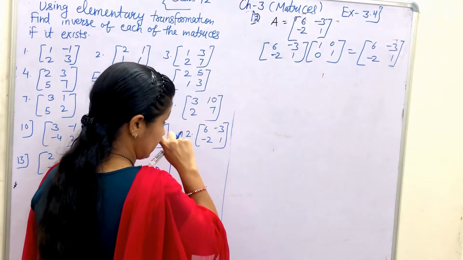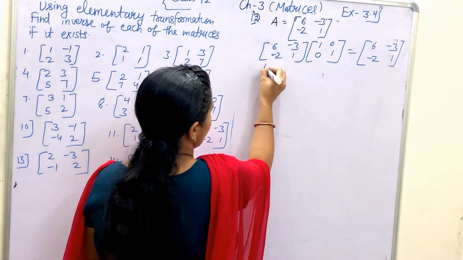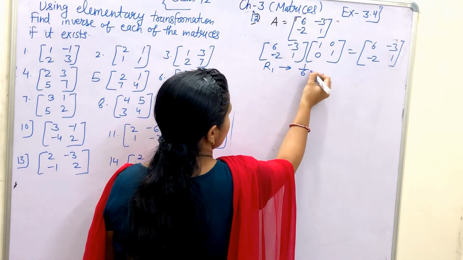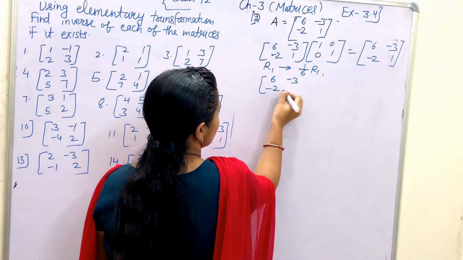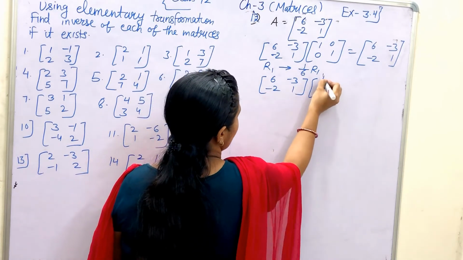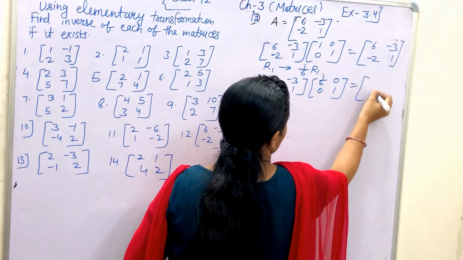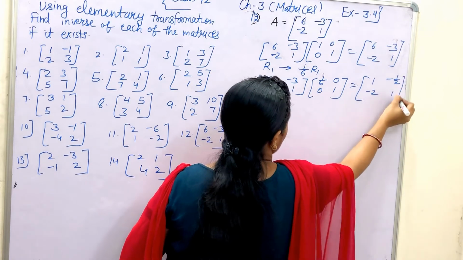Now, by dividing by 6, R1 transforms to 1 by 6 R1. Here is 1, minus 1 by 2, minus 2, 1, and on the right 1 by 6, 0, 0, 1.